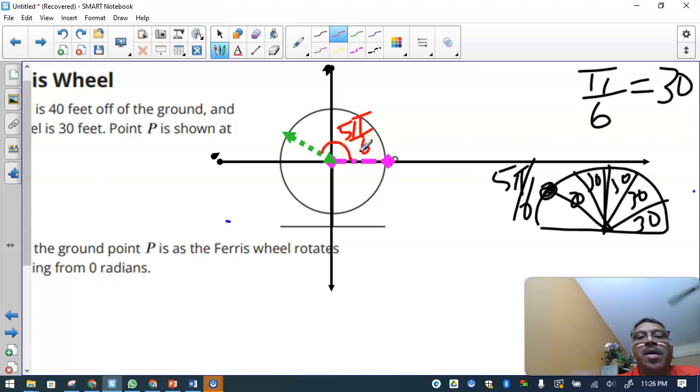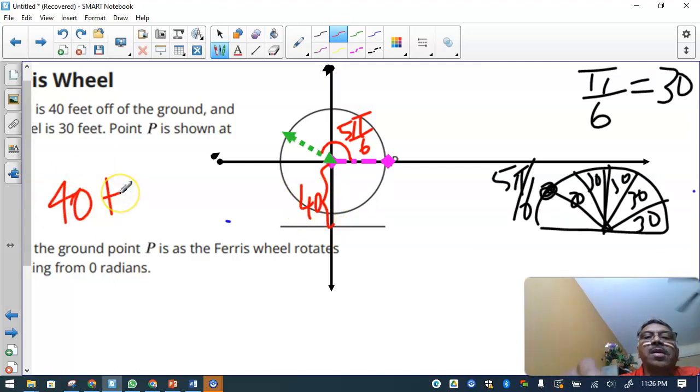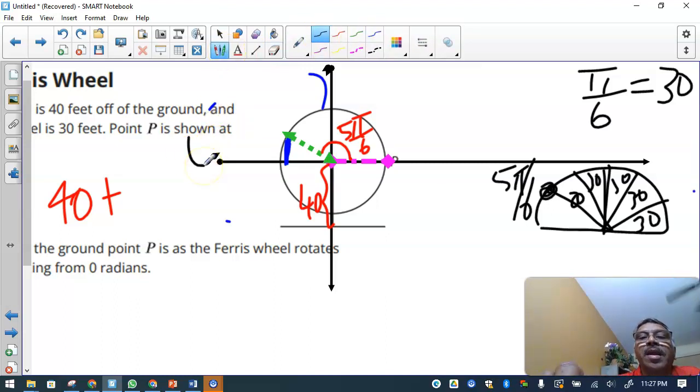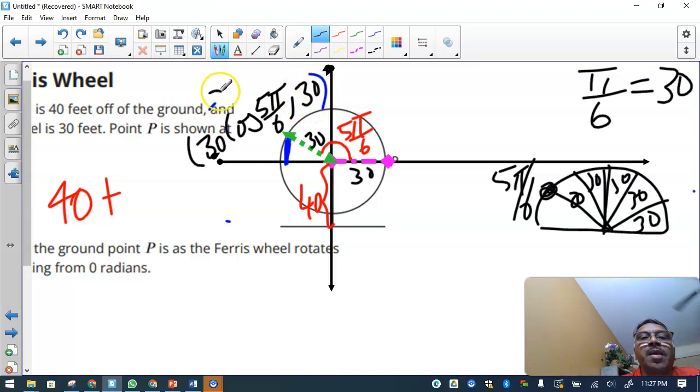All you need to know is how high this is. This is already 40, so you're just adding 40 all the time. So it's going to be 40 plus, then you need to know how much this part is. How do you find it? It is cosine of the angle. But because it is not a unit circle, this is 30, so you have to write 30 cosine of 5 pi by 6, and 30 sine of 5 pi by 6 for y, but we want only this.